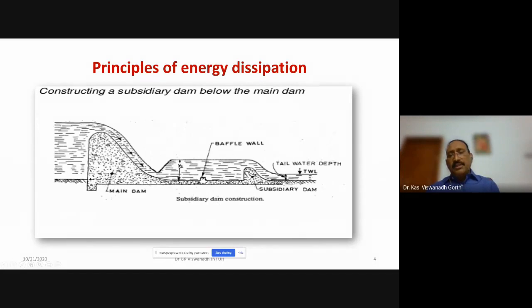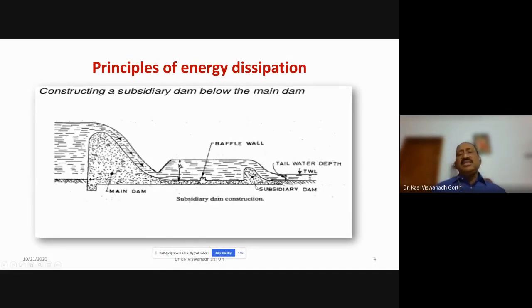At the downstream foot of the spillway, after a certain distance, another small subsidiary overflow dam is provided. The purpose of providing this subsidiary dam here is to dissipate the energy of the flowing water at the downstream portion.